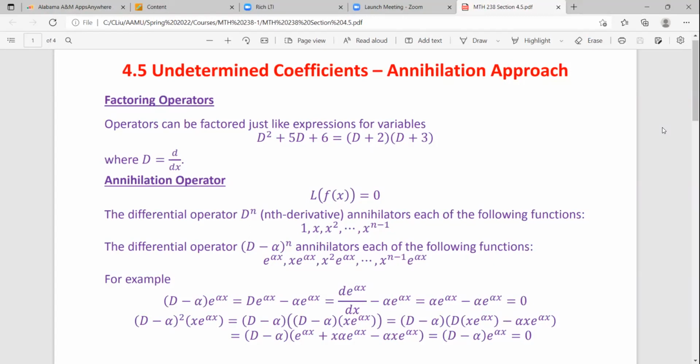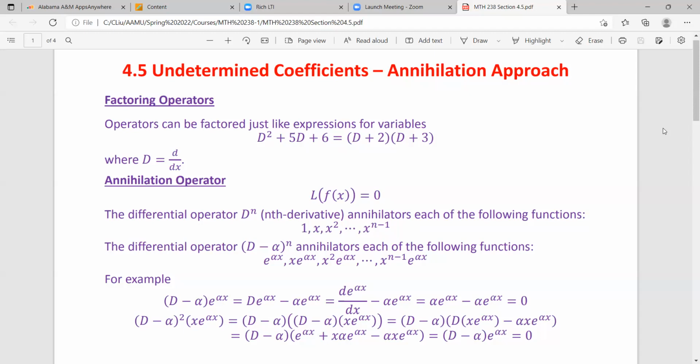We know the derivative of a constant is 0. And you can also annihilate the function x by the second derivative. When you take the derivative of x, you get 1. Then you take another derivative, you're going to get 0.